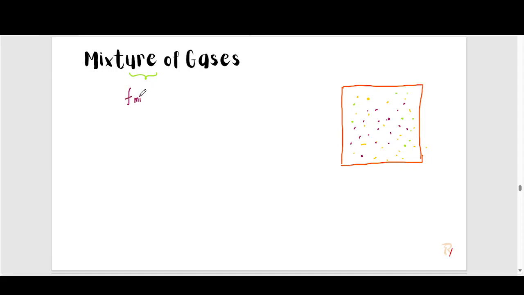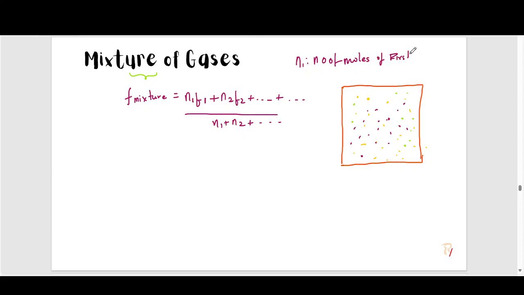The degree of freedom of the mixture is (n1 f1 plus n2 f2 plus so on) upon (n1 plus n2 plus so on). Here n1 is the number of moles of the first gas, and f1 is its degree of freedom.